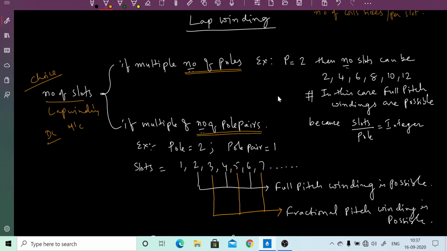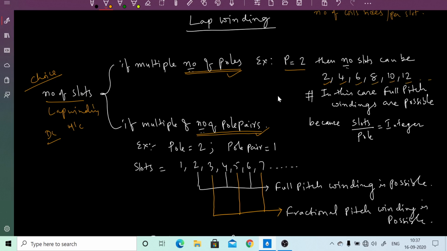So it can be chosen in terms of number of poles or number of pole pairs. If chosen based on number of poles, for example, if I have a machine with two poles, then the slots can be chosen as multiples of 2, that is 2, 4, 6, 8, 10, 12, and so on.